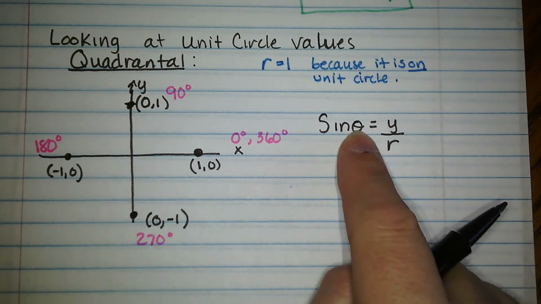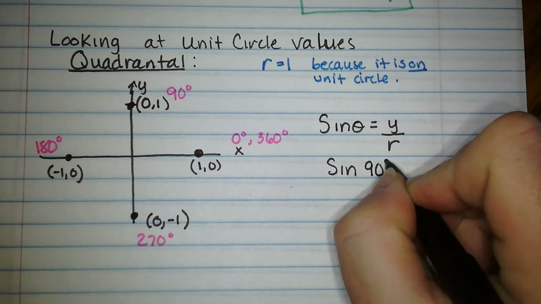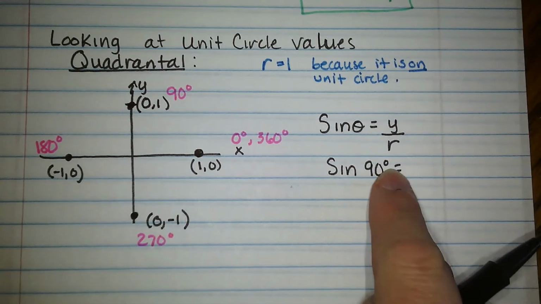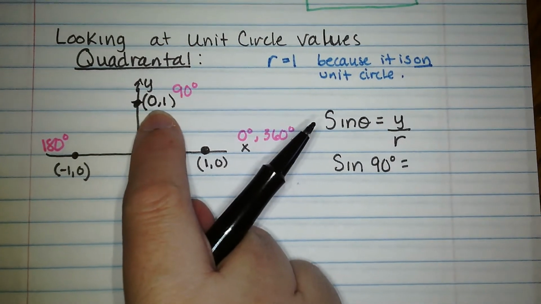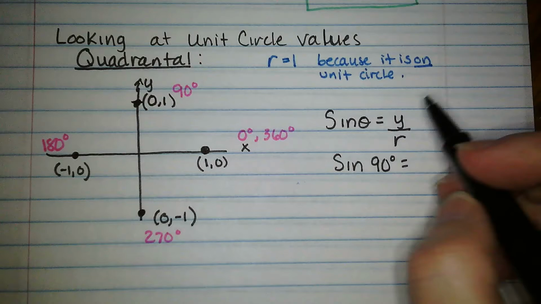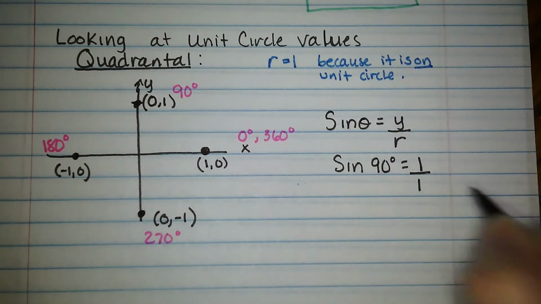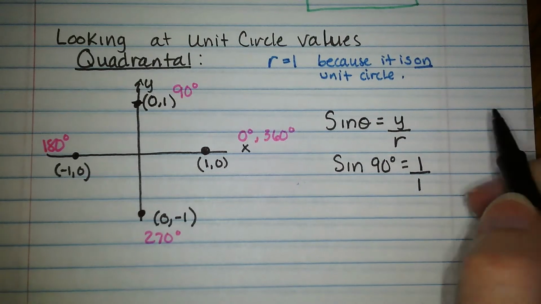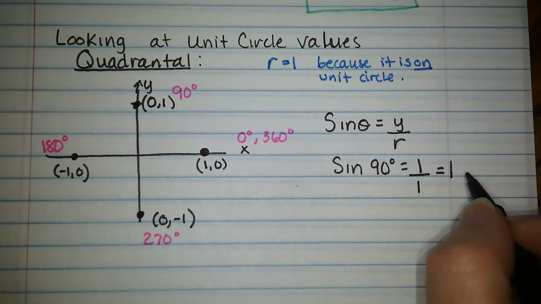If I'm looking for the sine of 90 degrees, I'm basically looking for y over r. Well, the y coordinate at 90 degrees is 1, and the radius is 1. So 1 divided by 1 is 1. So the sine of 90 degrees is equal to 1.